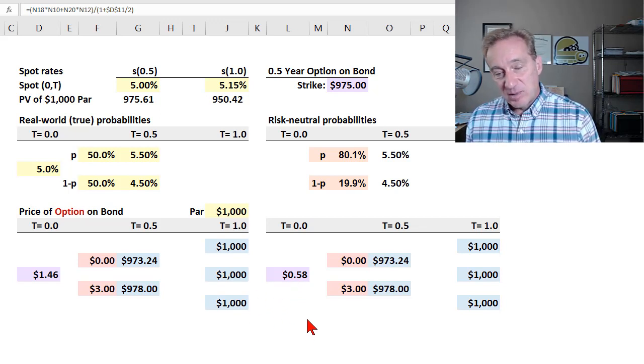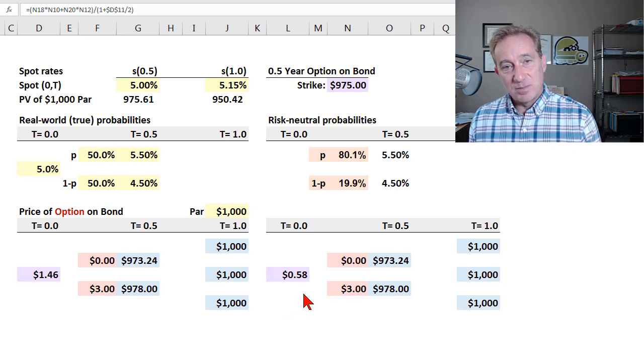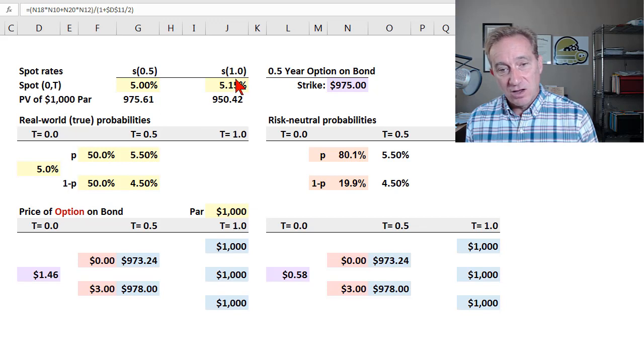And actually, in my spreadsheet and in Tuckman, but I'm not showing you here because there are more calculations, it's not difficult to show that there's a replicating portfolio. That is to say, a portfolio that's long the 1-year bond, short the 6-month bond, that has the exact same payoff as this option, and therefore the price of that replicating portfolio is a fair price for this option.